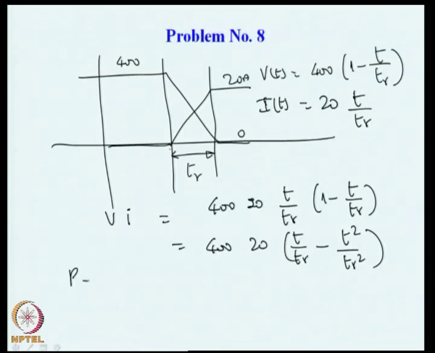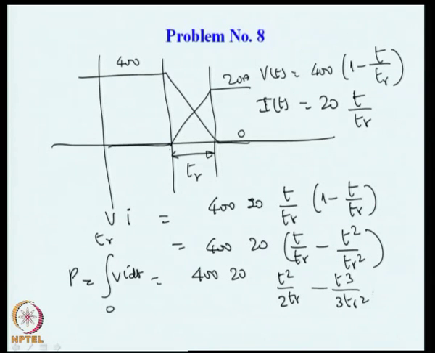And energy dissipation is the integral of V I dt from 0 to tr, which can be written as 400 into 20, which are constants, and integrating the first term will give you t square by 2 tr, second term will give you t cube by 3 tr square, calculated from 0 to tr. So, this will be 400 into 20 into 1 by 2 minus 1 by 3, because when you substitute the value tr, this will become tr by 2 and this will become tr by 3.